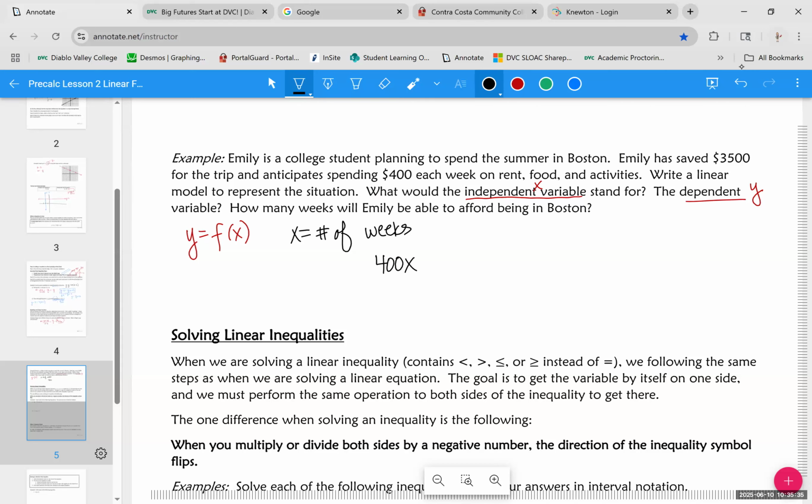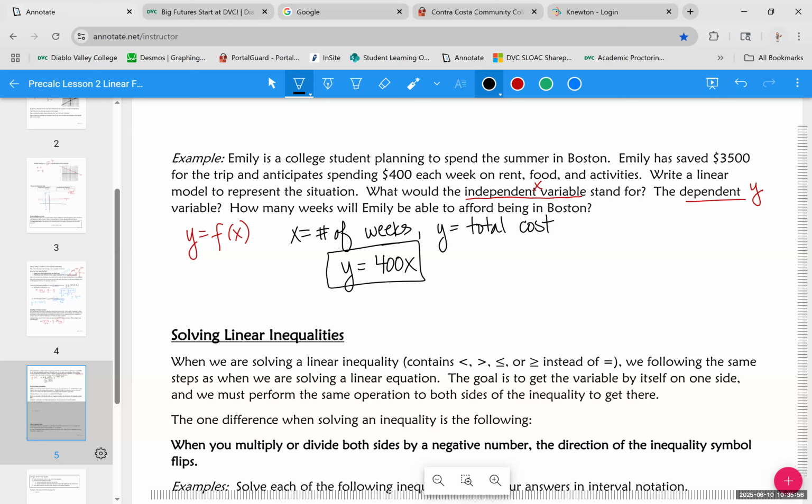That is how much she is spending, and that would be what the y equals, the total cost of being in Boston. So here is a linear equation that represents the situation.